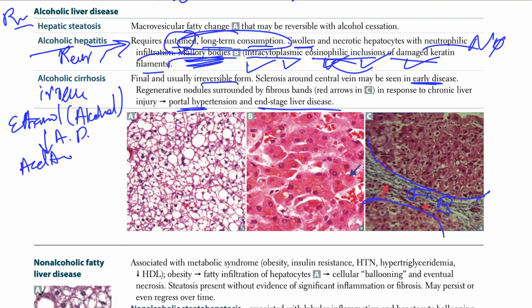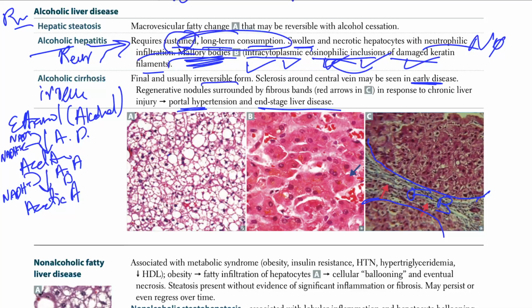That acetaldehyde gets converted to acetic acid by the enzyme acetaldehyde dehydrogenase. And in all of these cases, you are using up NAD and forming NADH.